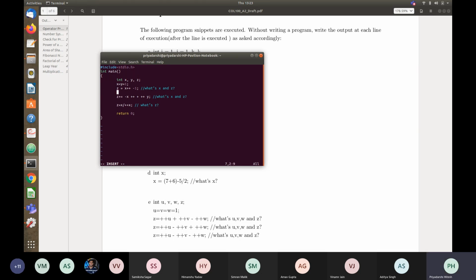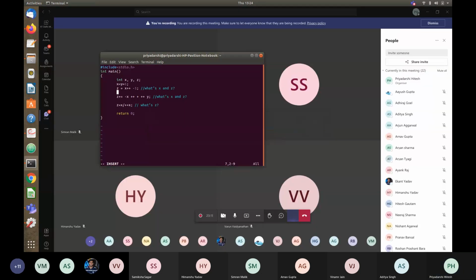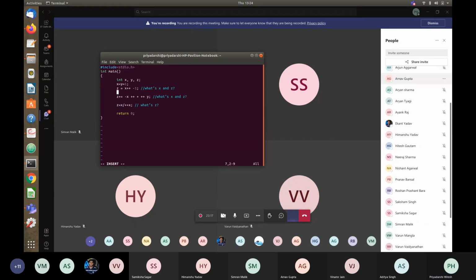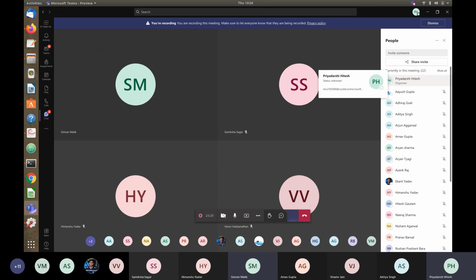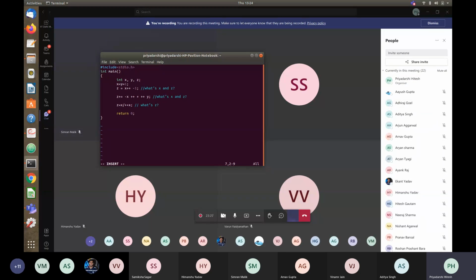Everybody, please solve it. What's the value of x and z? Execute for this statement only: z equal to x++ -1.